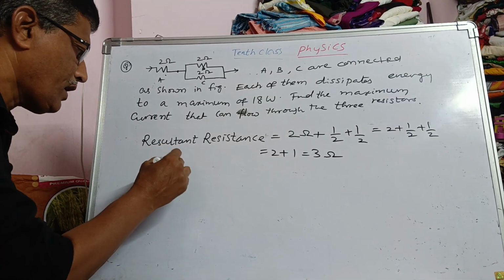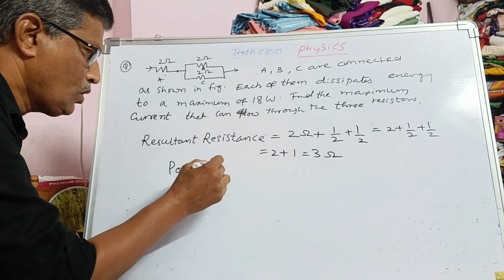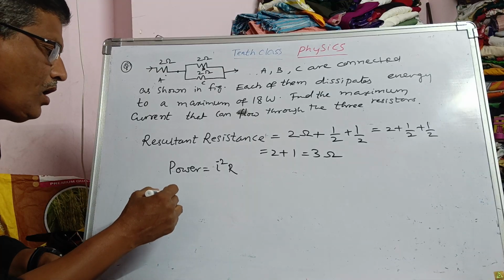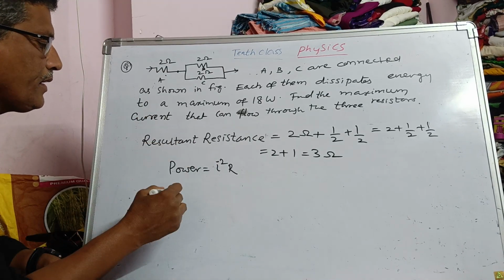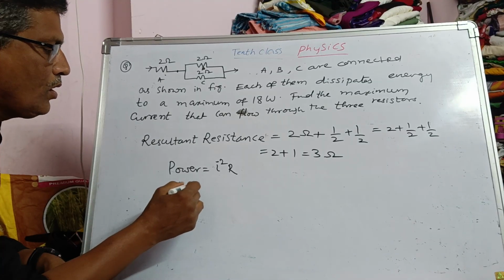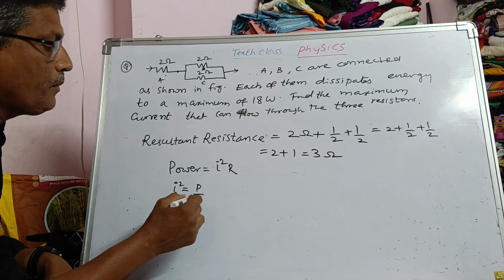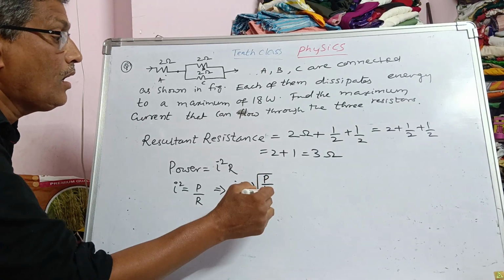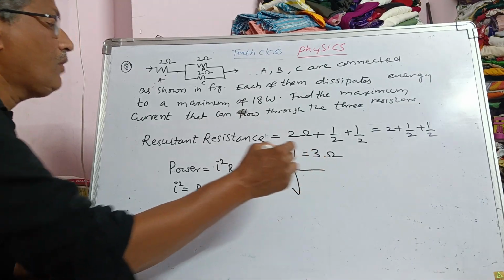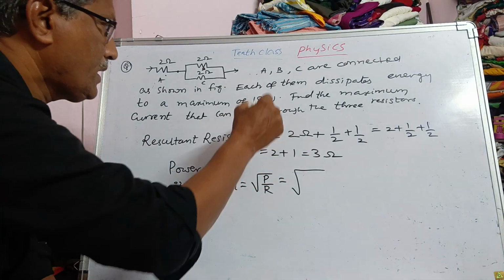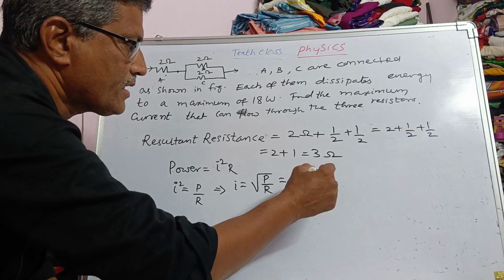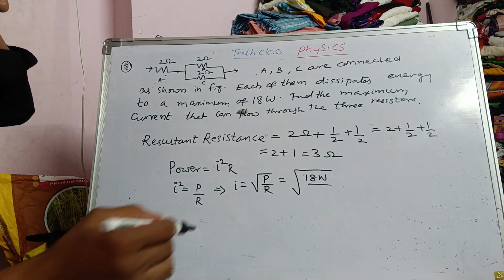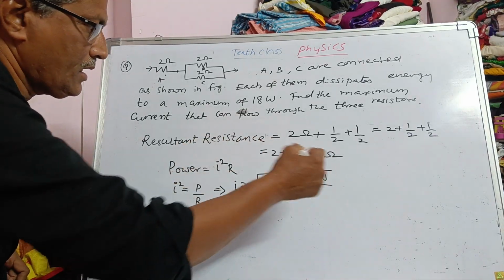Now we have the power formula, P equals I squared R. We want to find the current I, so I squared is equal to power P by R, which implies that I is equal to the square root of P by R. It is given that the power is 18 watts, and the total resultant resistance is 3 ohms.